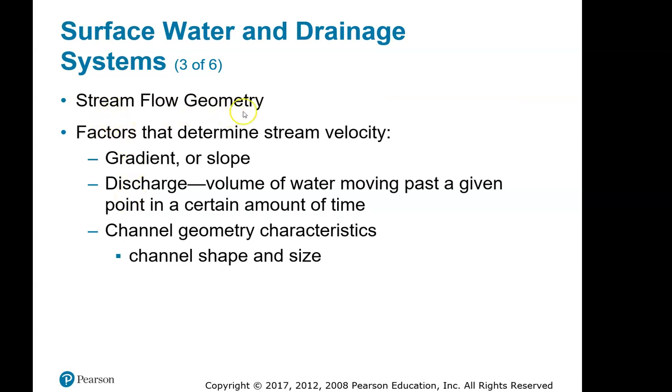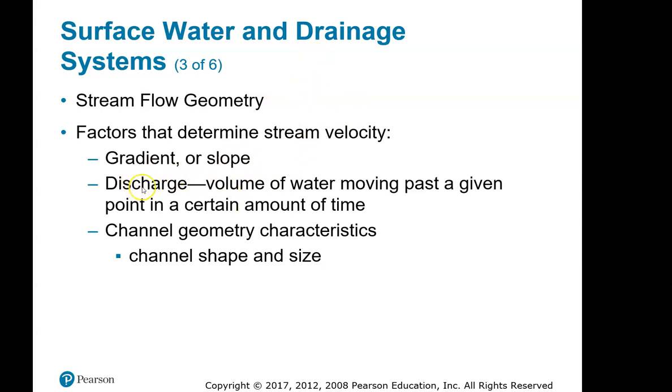All right, so stream flow geometry. We'll talk about how a stream is flowing along. Factors that determine the velocity are, of course, the gradient. Is there a large rise over run? Basically a really large slope.